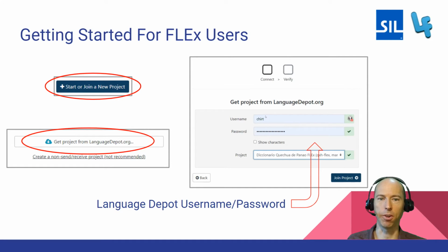Once you have entered those credentials correctly, you'll be presented with a drop-down box to pick a project that you are a manager on and can pull into Language Forge. You click on Join Project and wait a few minutes for the send and receive process to complete, and then your data will be available on the web and on the phone with Language Forge.